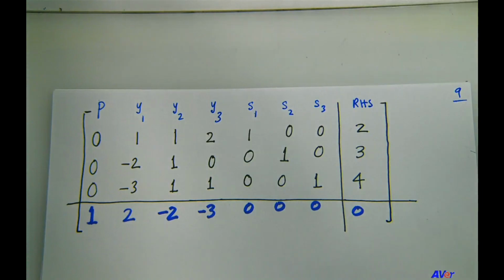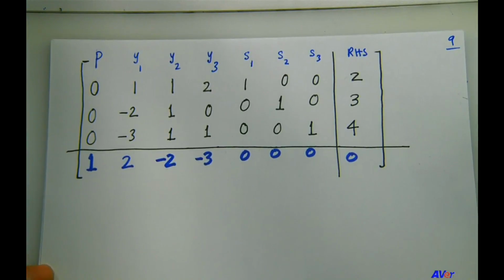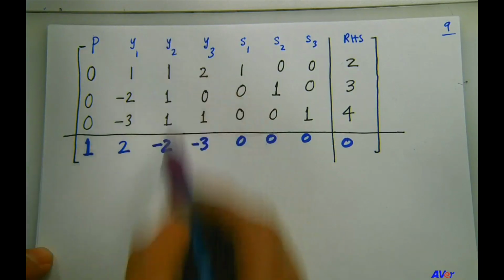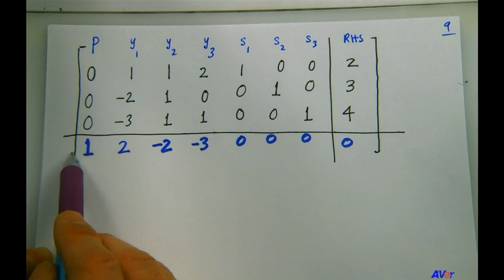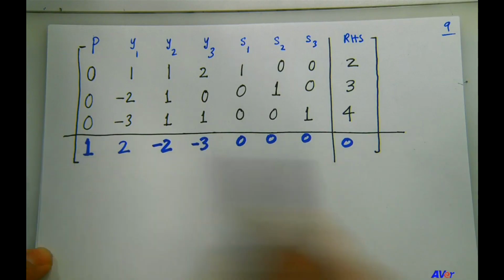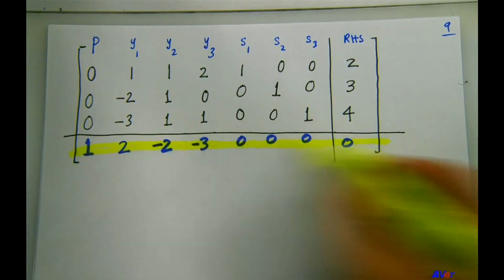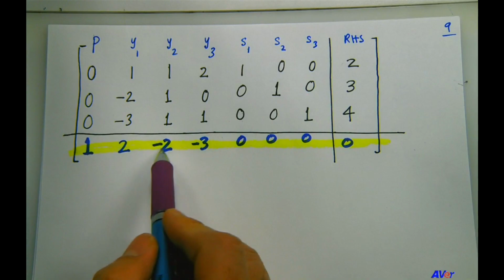Now, once again, using the procedure we learned in section 5.2, we're going to have to identify the pivot column. The pivot column is the column over the first negative number from the left in the objective row, right? So in the objective row here, the leftmost negative number is that one.